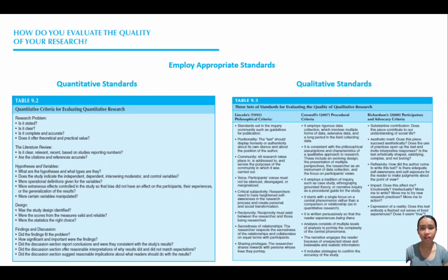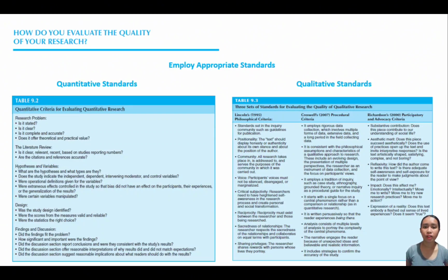The last one is the findings and discussions. So, do the findings directly address the research problem, and how significant are the findings in contributing to the research area? Does the discussion align with the study's results and offer reasonable interpretations? And most importantly, does it provide practical implications or suggestions based on the results for readers or stakeholders?